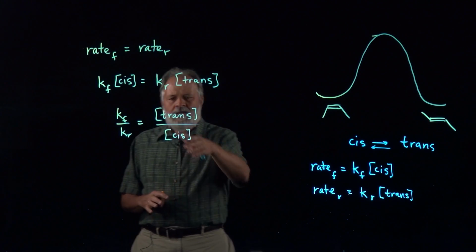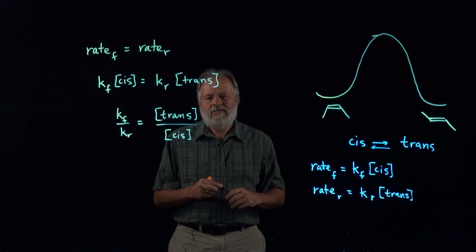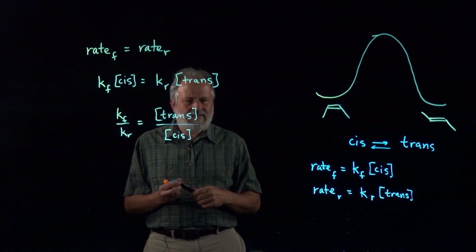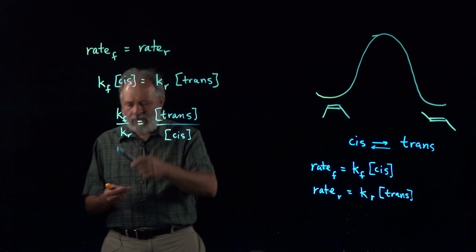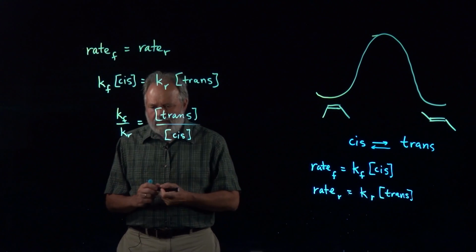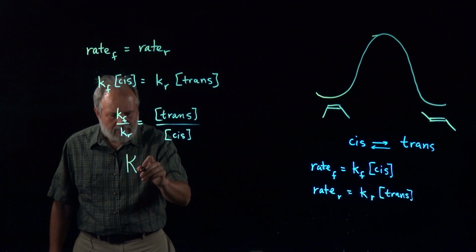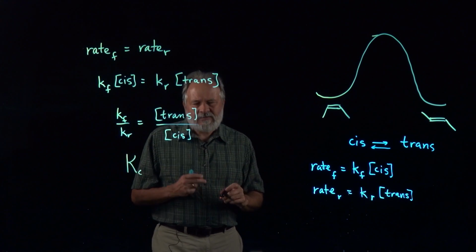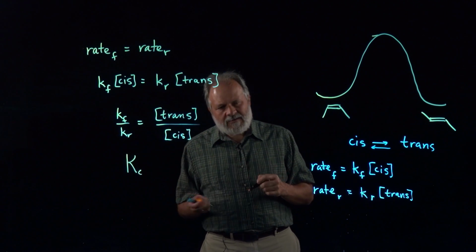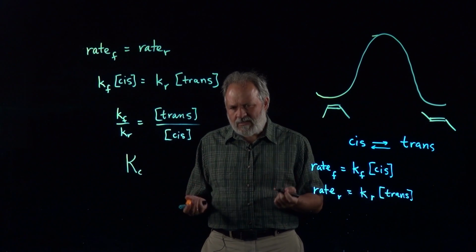All right, and so we have the concentration of trans divided by the concentration of cis, and it's equal to a constant. And it turns out that this is called the equilibrium constant, capital K. And we're going to use the little subscript C for equilibrium constants where the units are concentration in terms of molarity.